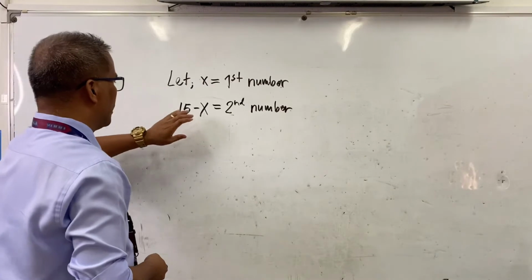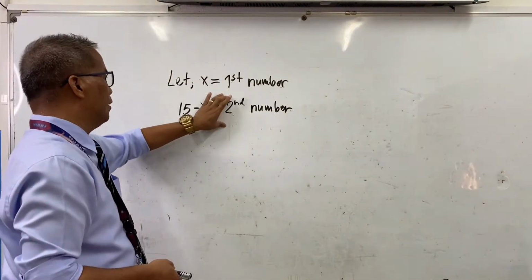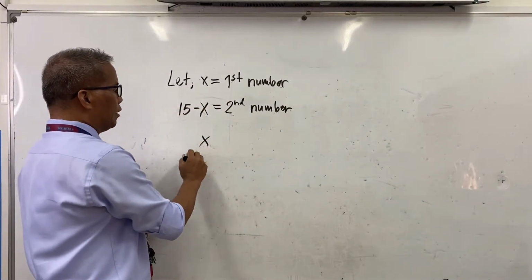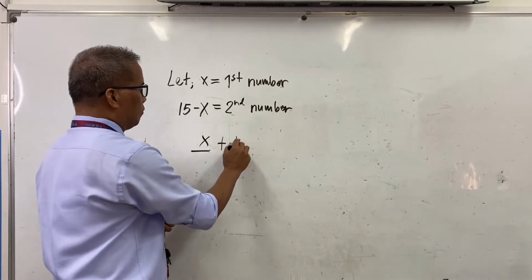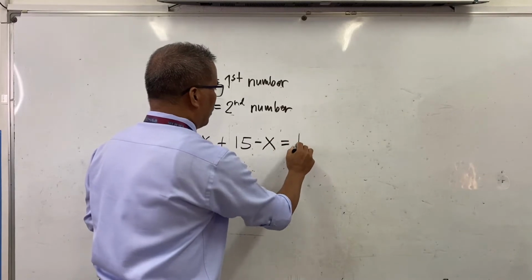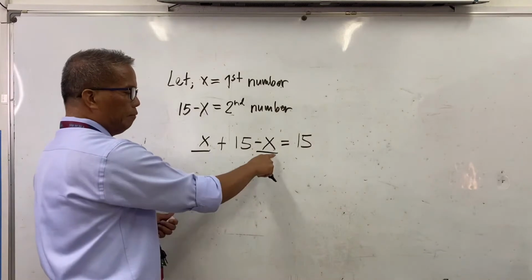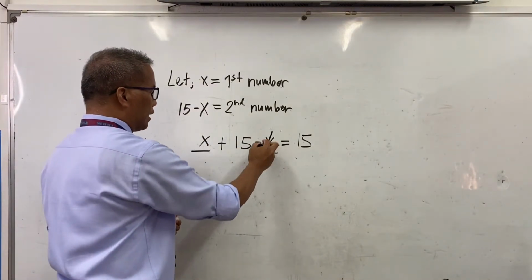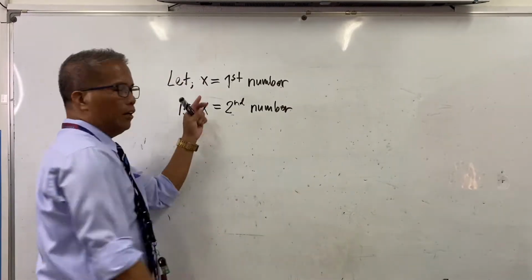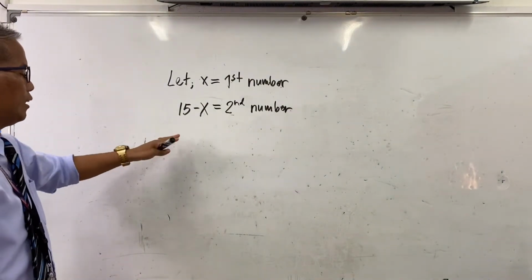So 15 minus x, because if we add the first number and the second number, x plus 15 minus x is equal to 15. So the same term, x minus x, will become 0. Then the answer is 15. Now the first number is x, then the second number is 15 minus x.